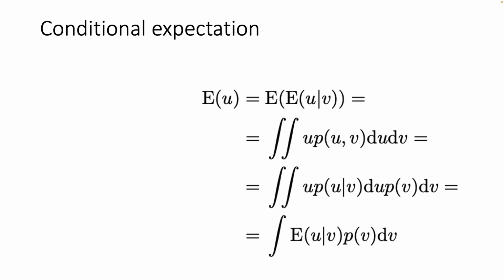Because everywhere we are considering conditional distributions, because we are usually conditioning on data, we will be considering also in our computation conditional expectations. So generally, the main difference is that instead of u here, we will be using the expectation of u conditional on v.